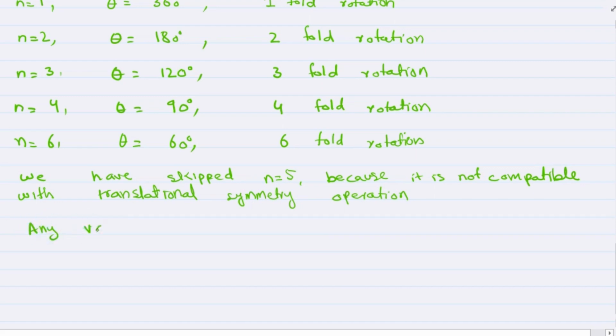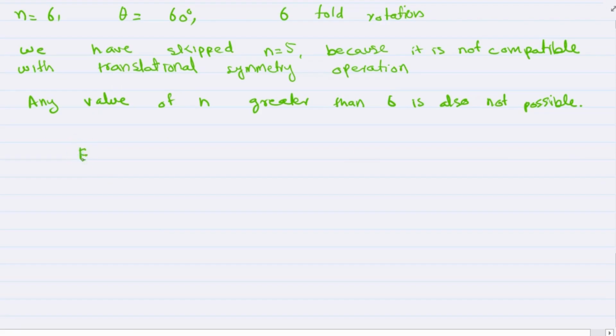Any value of n greater than 6 is also not possible. So now we take an example for each one of them.